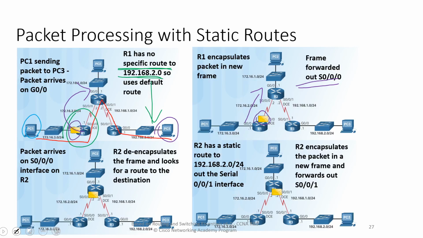Then when it arrives at router 2, router 2 will de-encapsulate the packet and see where the packet needs to go. For router 2, it has a static routing entry to that particular network, through this interface.